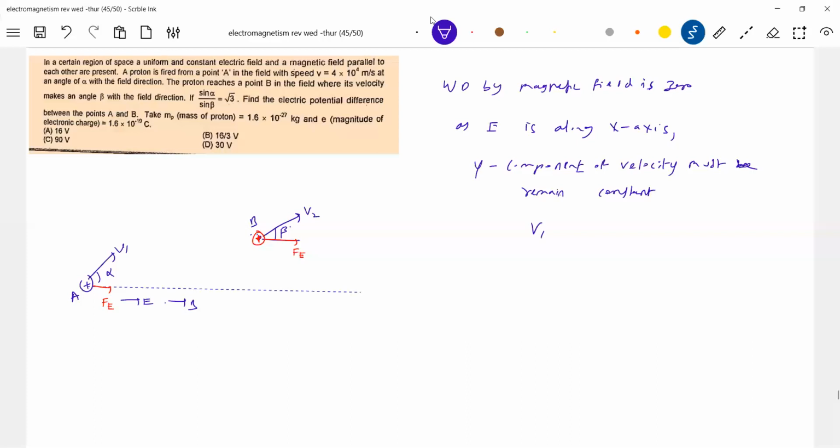So this will be V1 sin alpha equal to V2 sin beta. So we get V2 equal to V1 sin alpha by sin beta.